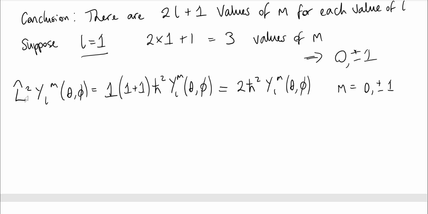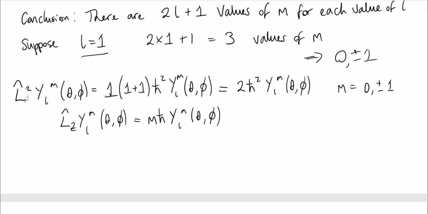This may seem a little tedious, but we also know that L sub z commutes with L hat squared. So we know that L_z Y_Lm(theta, phi) is equal to m h bar Y_Lm(theta, phi), again with m being equal to 0 and plus or minus 1.